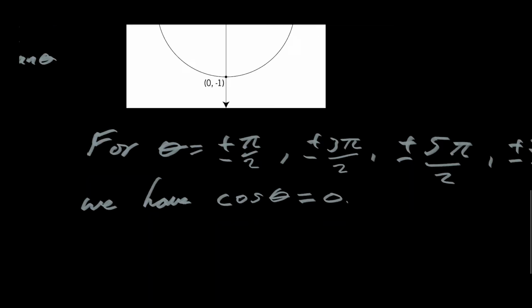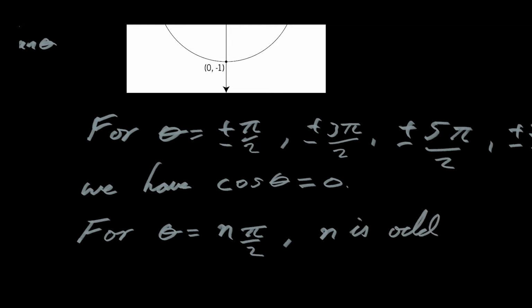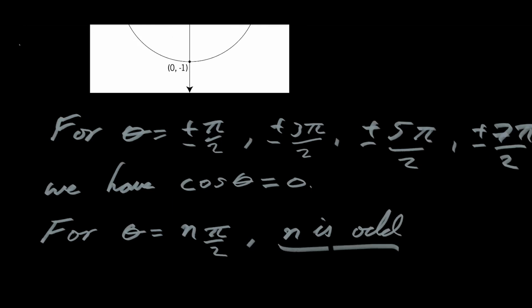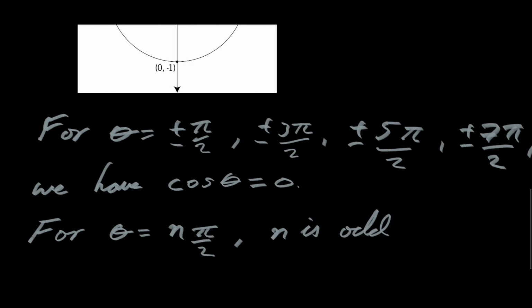To express this more generally, we can say something like for theta equal to n times pi on 2, where n is odd. As soon as you say it's odd, you're already saying it's an integer, but you should say an odd integer.